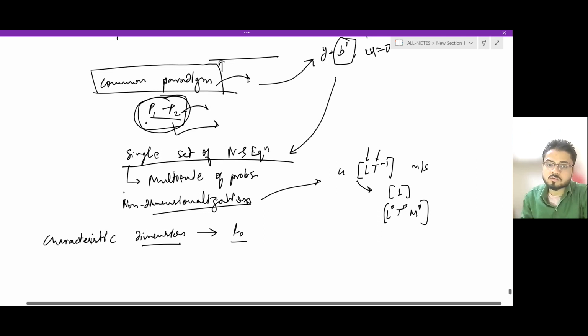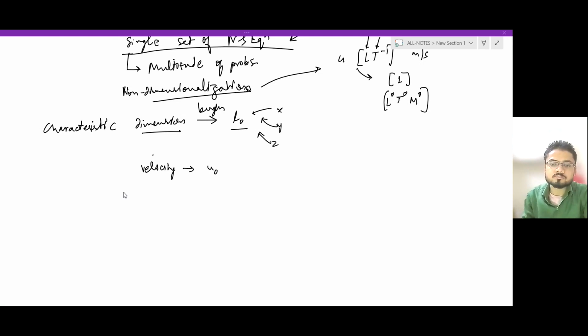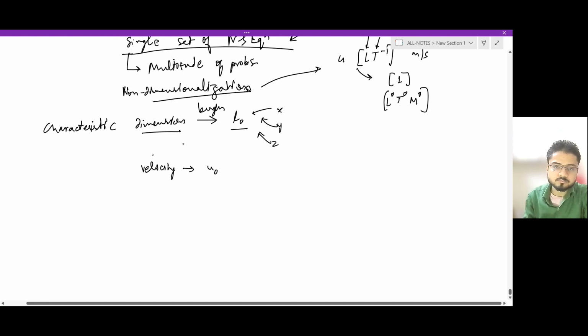And this could be in either the X or Y or Z, it does not matter. Or you could also have a characteristic velocity, that is U naught. Or further, you could have a characteristic pressure that could be defined as P1 minus P2 divided by rho times U naught squared.